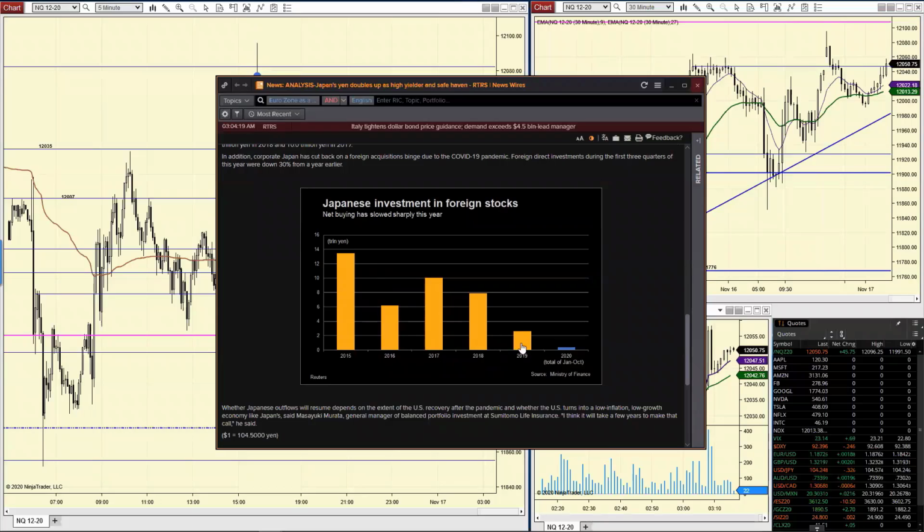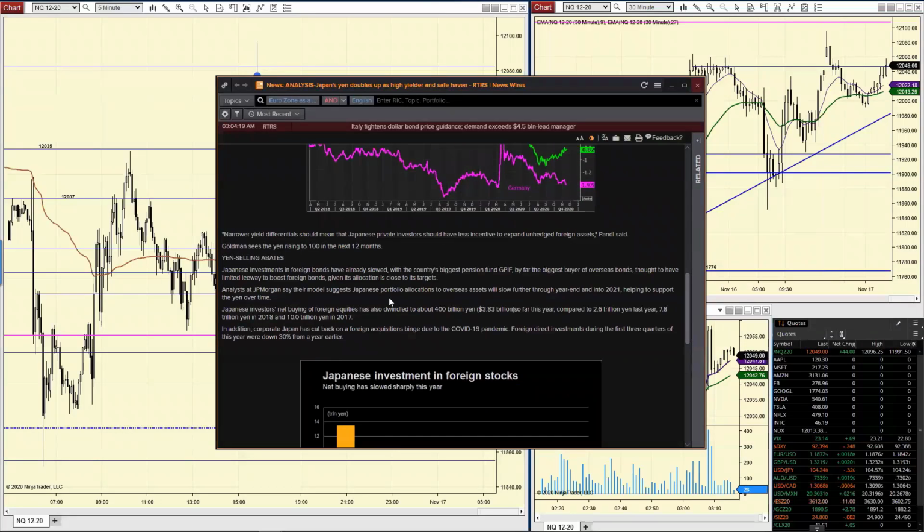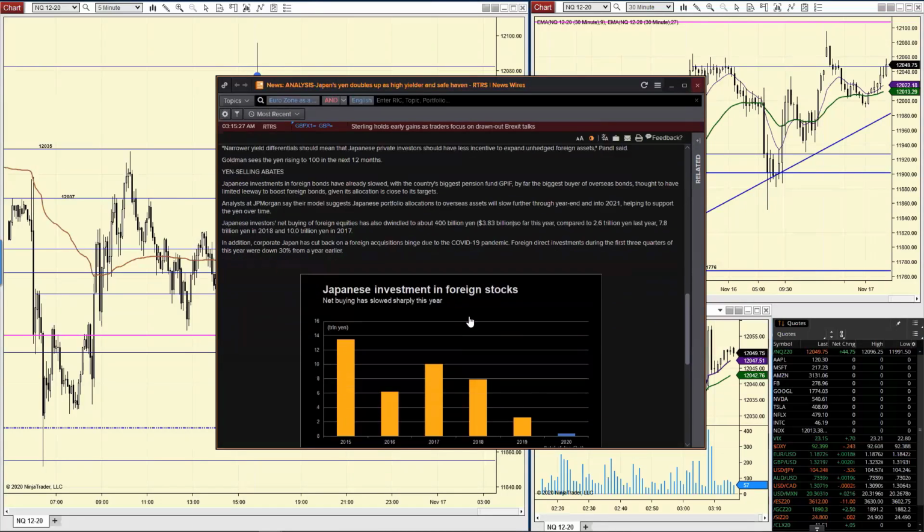As you can see here, less and less exposure. And JP Morgan says portfolio allocations to overseas assets will slow further through the end of 2021.